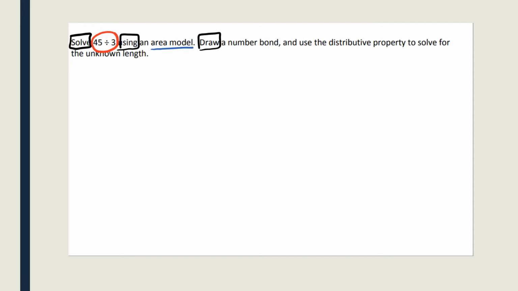Draw a number bond and use the distributive property to solve for the unknown length. So if I look at this problem, I have 1, 2, 3, 4, 5 steps to this problem because I have 5 action words. I circled the numbers as our CUBES tells us to do, so I know I'm doing 45 divided by 3.